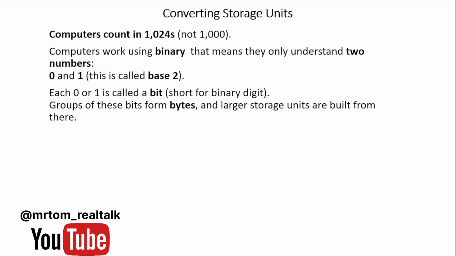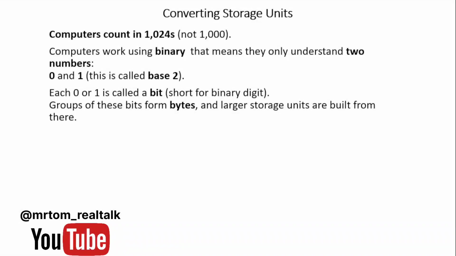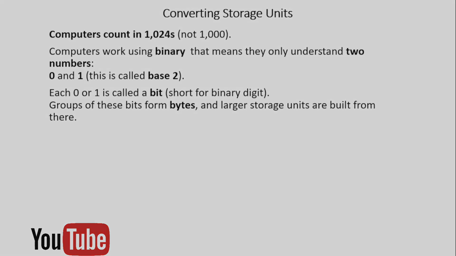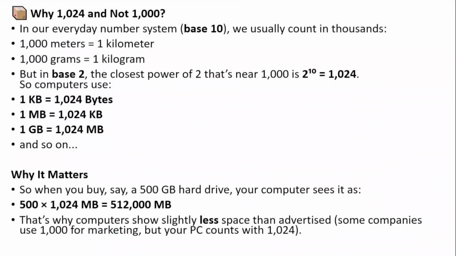Now, each 0 or 1 is called a bit, short for binary digit. A group of these bits is what forms a byte, and from there you have larger storage units like the kilobyte, megabyte, gigabyte, and terabyte.